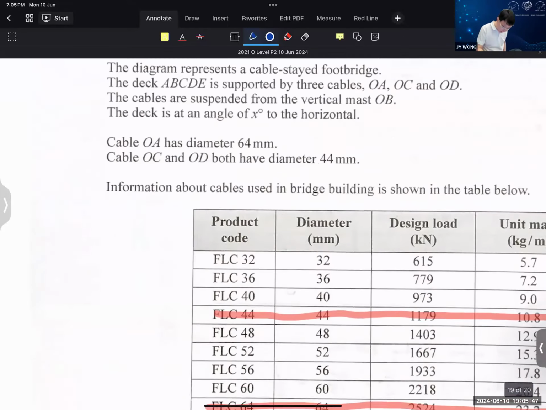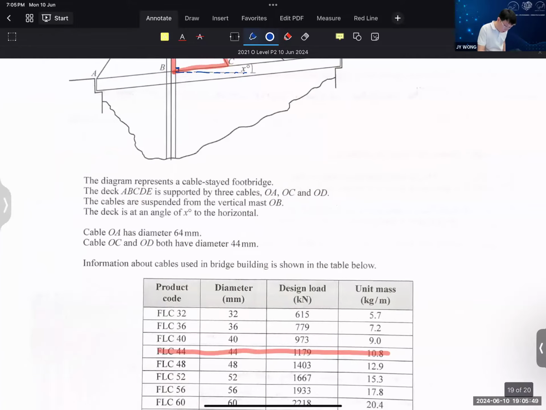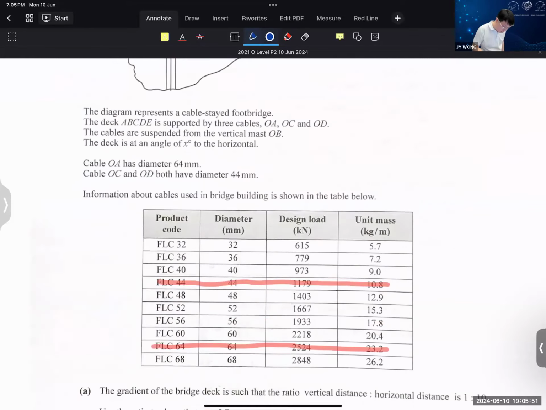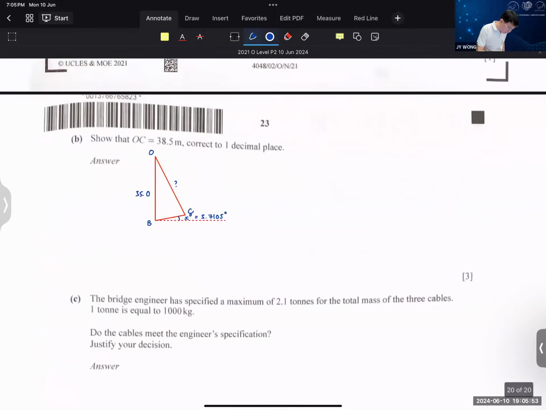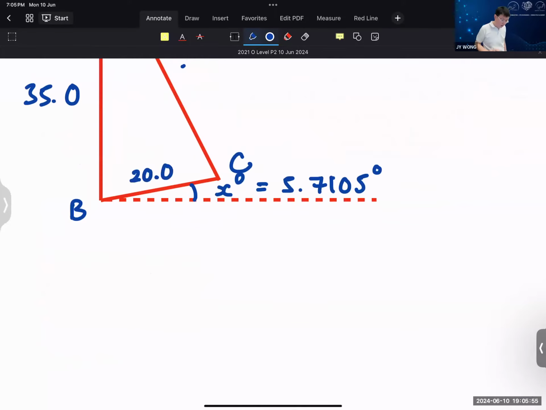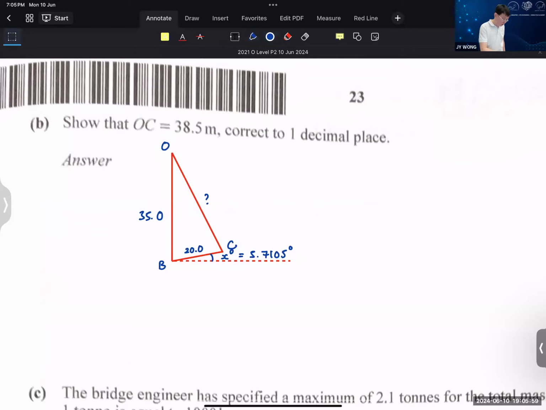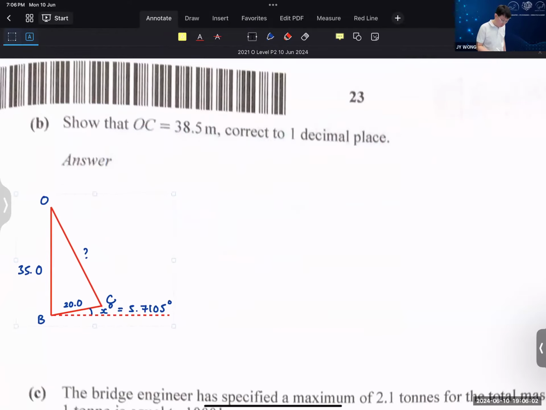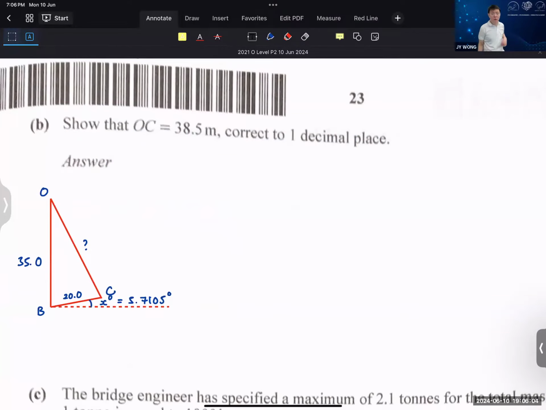They tell you that your deck BC is 20.0. So a lot of you don't look at the table and you all don't read the information given in the table. Then of course cannot solve. And then you all don't have a habit of drawing out the triangles. So this is what you will have.